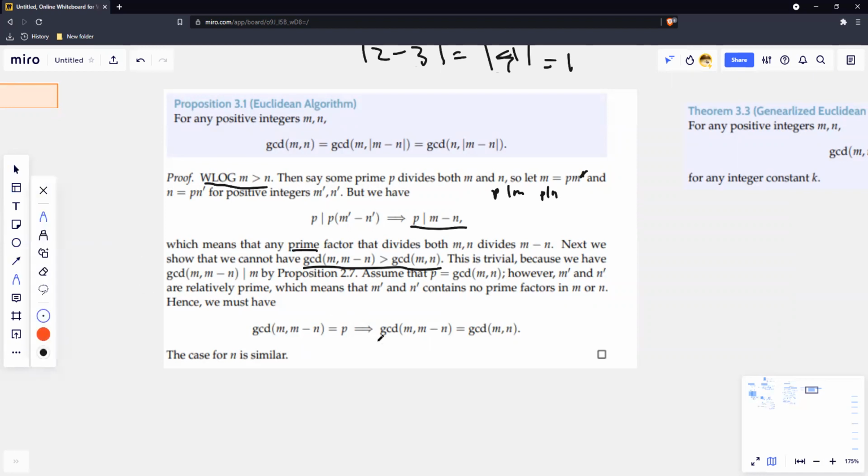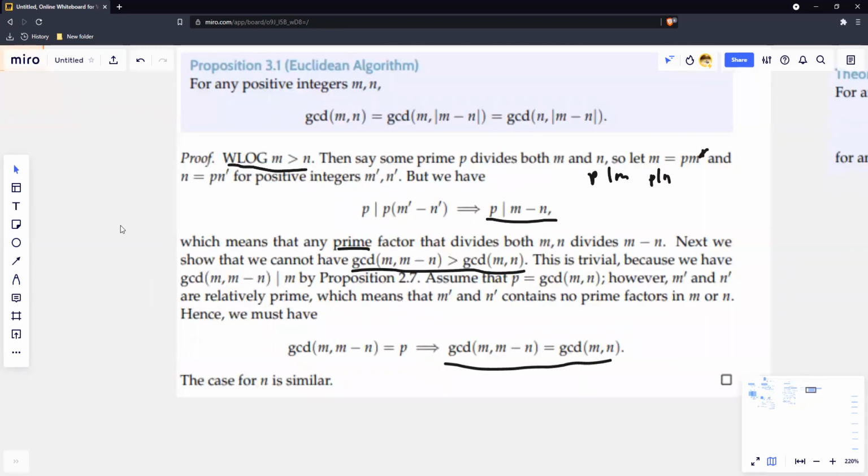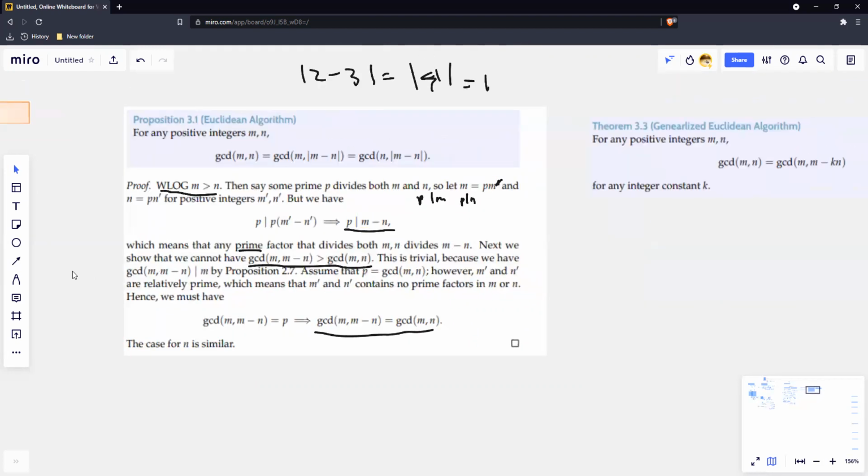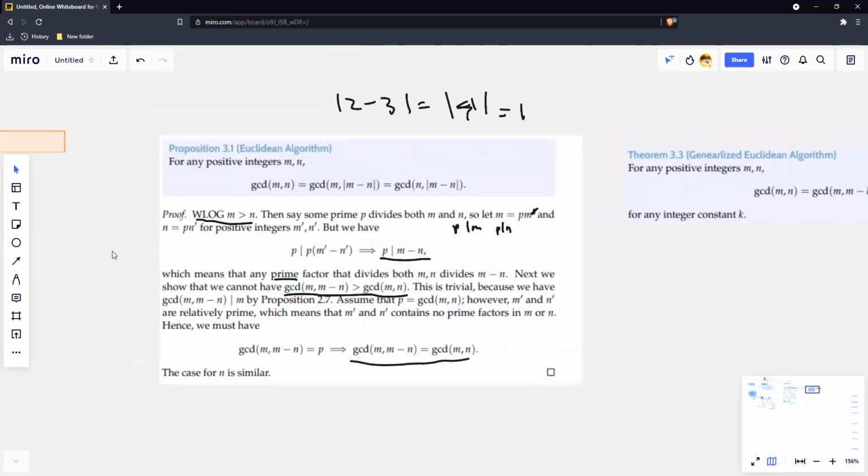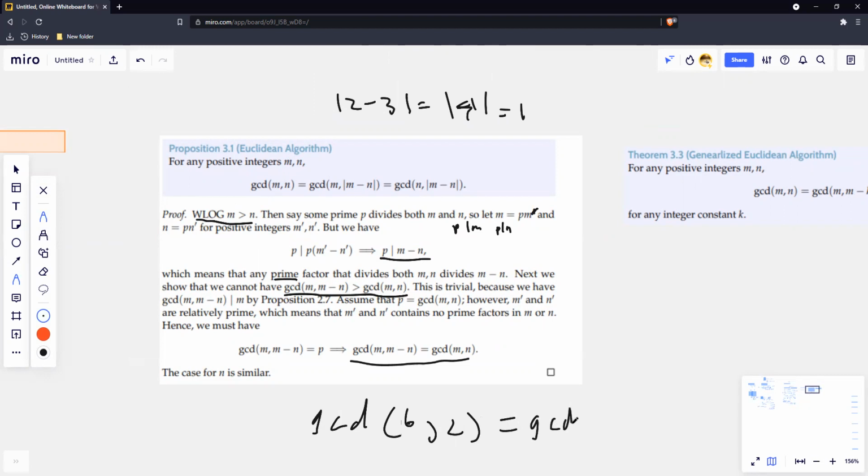I believe this proof is a little bit confusing for people who are just starting, so you can always review it in the handout. For now, it's not required to fully know the proof, as long as you understand what we mean. We're just saying that GCD(6, 2) can also be equal to GCD(6, |6 - 2|), which is equal to GCD(6, 4).